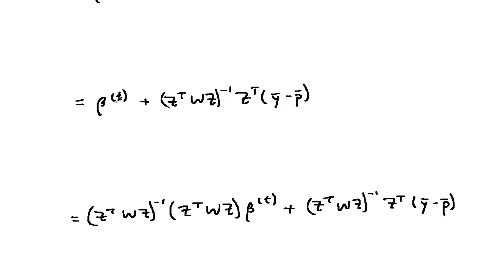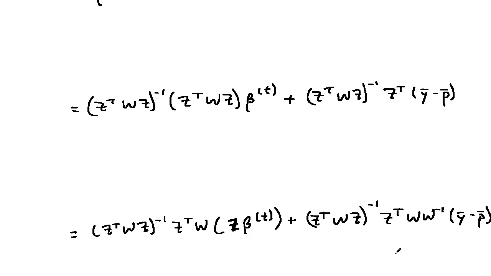And here we have beta t. We can rewrite that part as this. So we just added the inverse of Z transpose WZ multiplied by itself here. So that doesn't make a difference. Okay, now here we added W inverse, and that doesn't make a difference since that's just the identity.